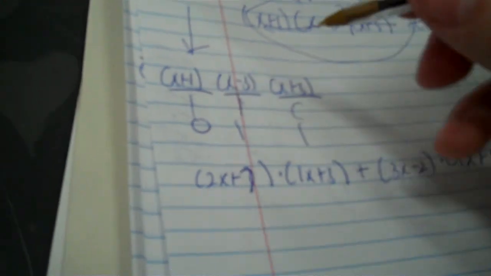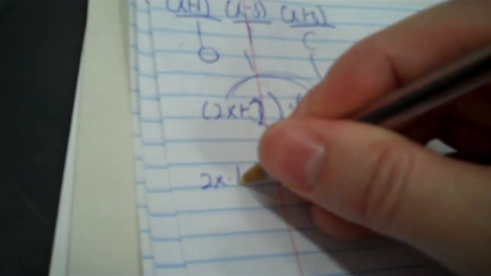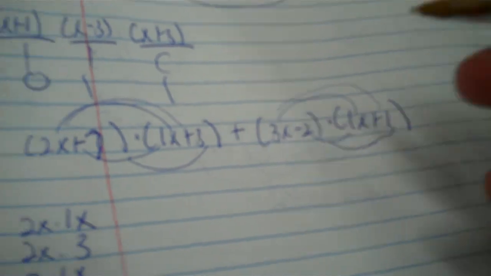Okay, FOIL it. You've got a FOIL here and here. Okay, so 2x times 1x, 2x times 3, 7 times 1x, 7 times 3. And over here, you're going to take 3x times 1x.